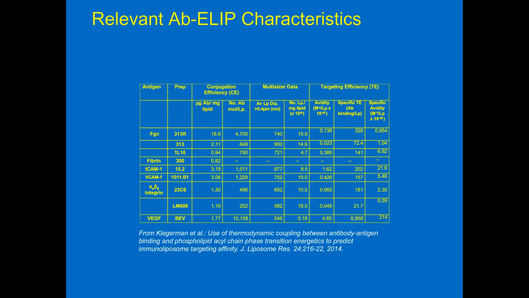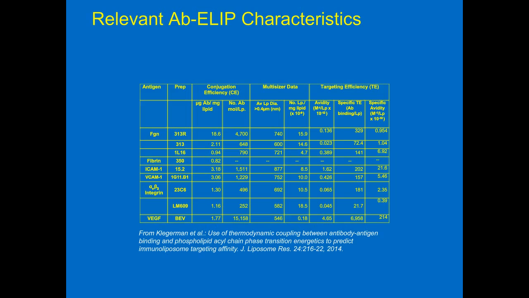Then we get into specific targeting efficiency, and based on the fact that the maximum practical surface area of a liposome that can bind to a surface is about 40%, that would indicate that at least 400 molecules would be optimal. Again, that's not easy to achieve, but most of our formulations approach that value. And this is actually not specific, this is functional avidity based on the same principle.